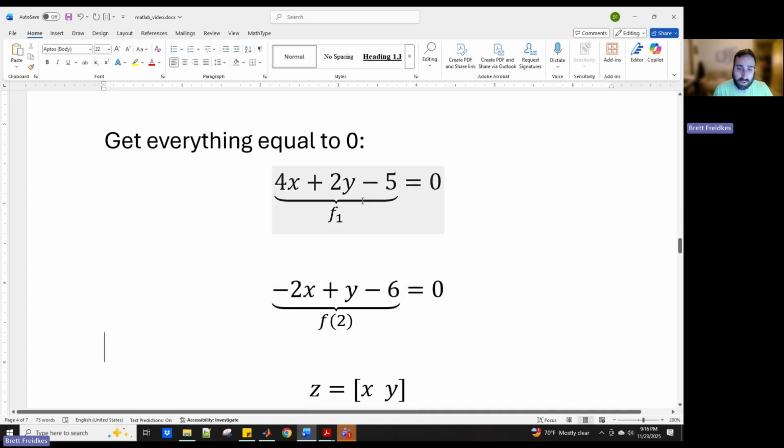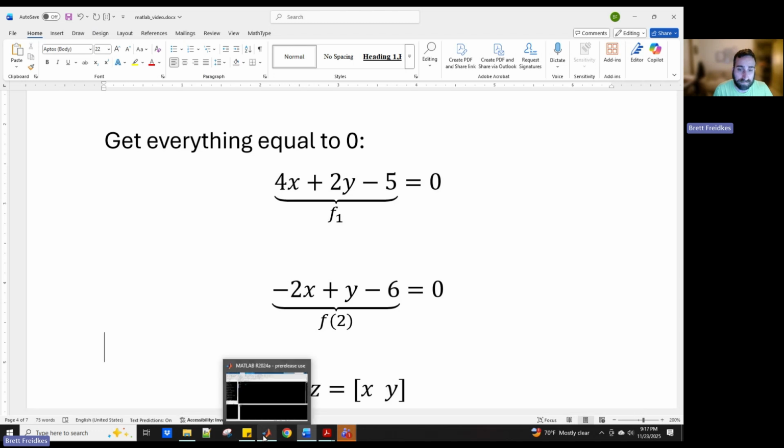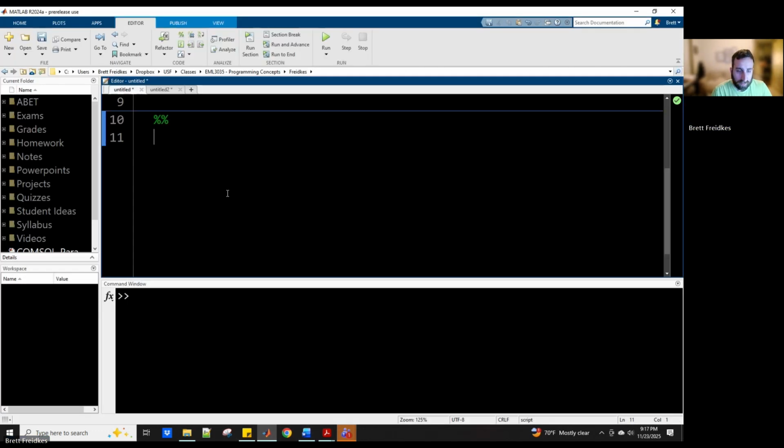This is how we will end up creating our functions in MATLAB. So the way that fsolve works is that fsolve will take in one function like before. Let's call that function capital F, not little f or not little g, just some overall variable that will contain all of our functions in it, and then some initial guesses. And in this case, I'm just doing 1 and 1.